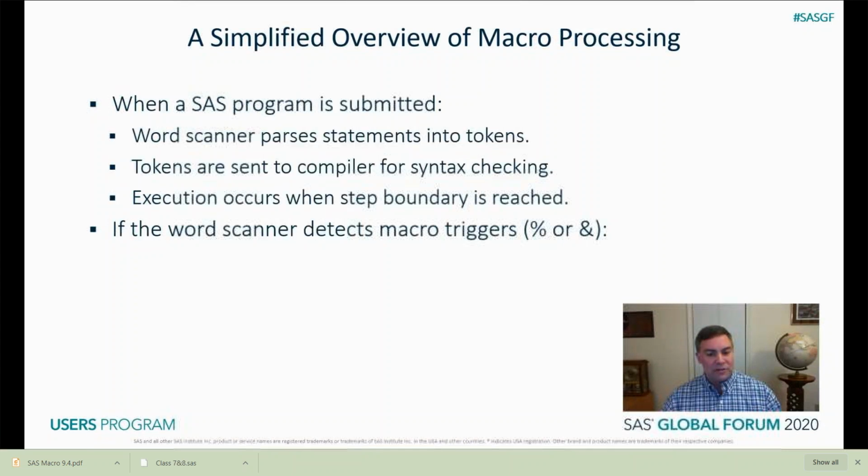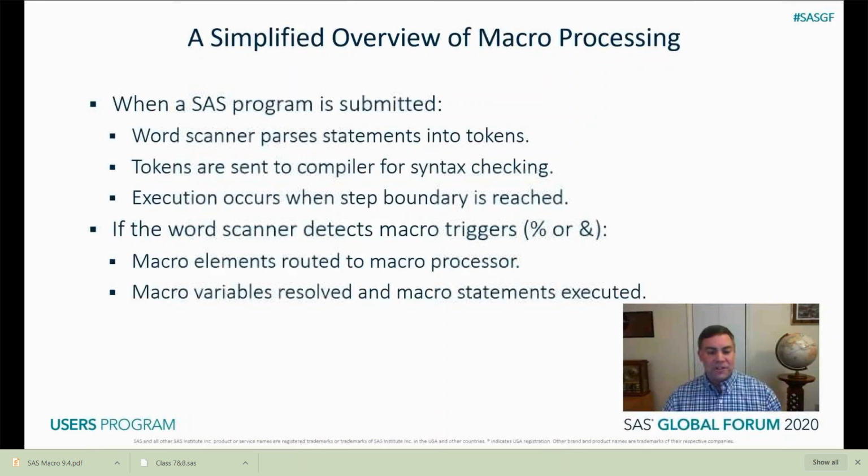So when we find one of those macro triggers, the word scanner routes those elements to the macro processor. So this is a bit of an intervention. Before SAS gets the code to execute, the macro processor steps in to do some stuff. Specifically, it resolves macro variables that you may have referenced in your code, and it executes macro statements. Those are things like %if or %do or %let.